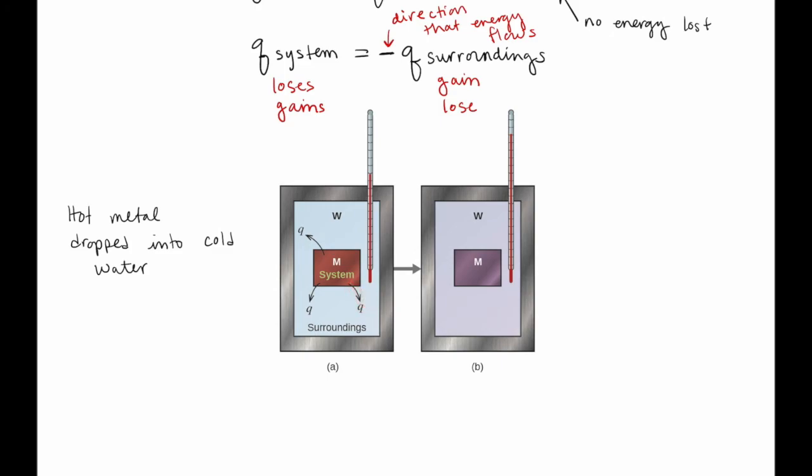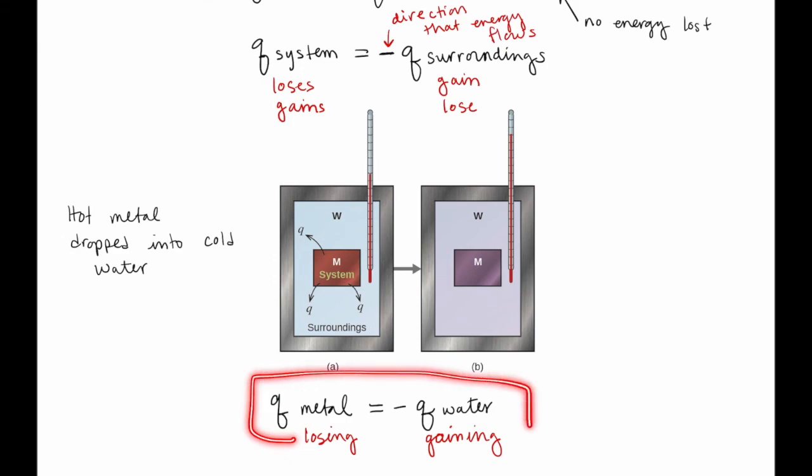Initially, we're going to see energy given off by the metal, Q metal. There's some amount of energy that is given off, and that's going to go directly to the water. The metal is losing energy because it's cooling down, and the water is gaining energy as it heats up, right? The metal, as it cools down, is transferring its energy to the water until we reach some thermal equilibrium here where the metal and the water are the exact same temperature.